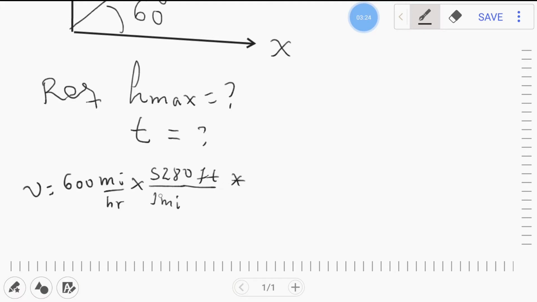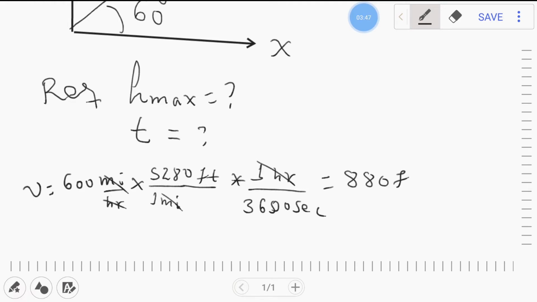To cancel out hour, we'll have 1 hour on the upper part, and the lower part, the equivalent of 1 hour is 3,600 seconds. So hour cancels hour, and finally we'll have feet per second. When you calculate this, you'll get 880 feet per second. This is the velocity.